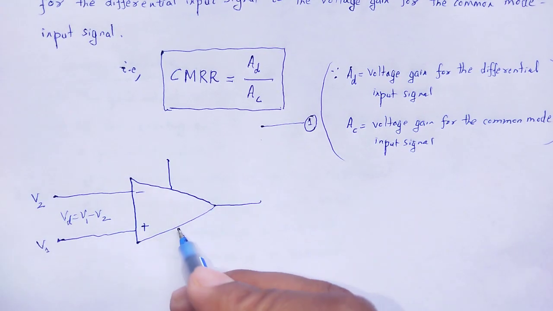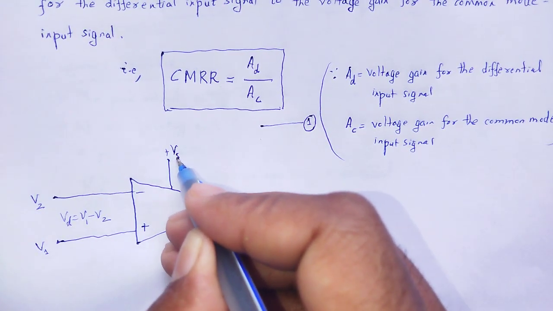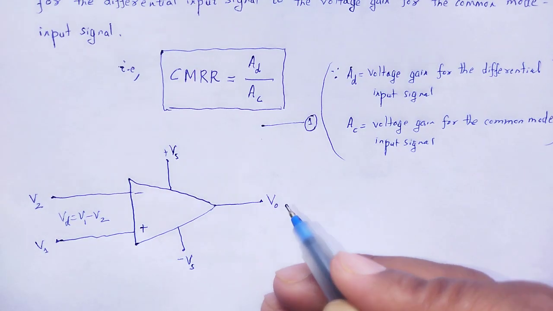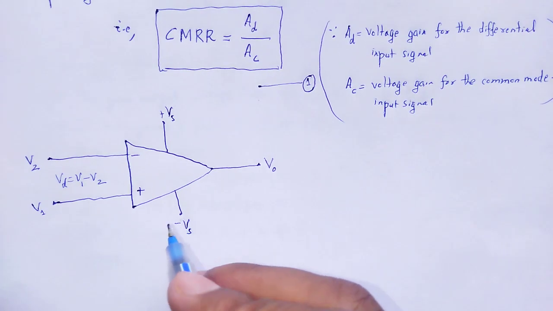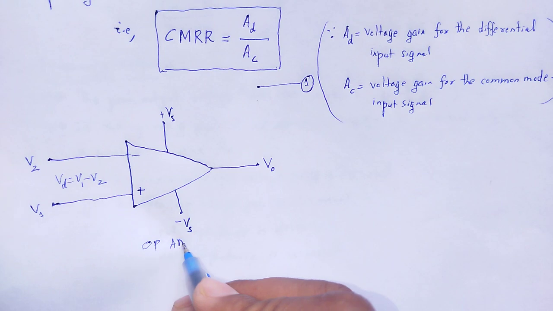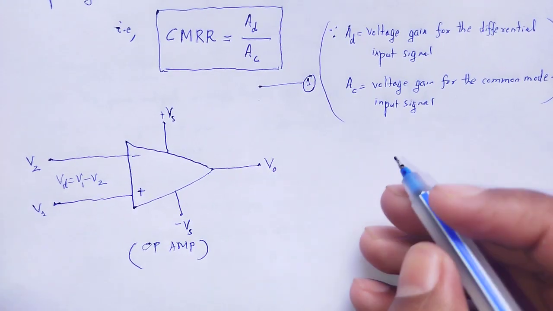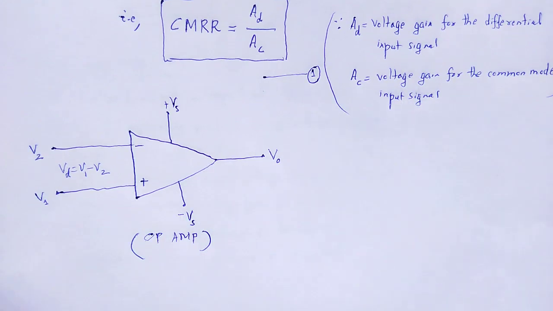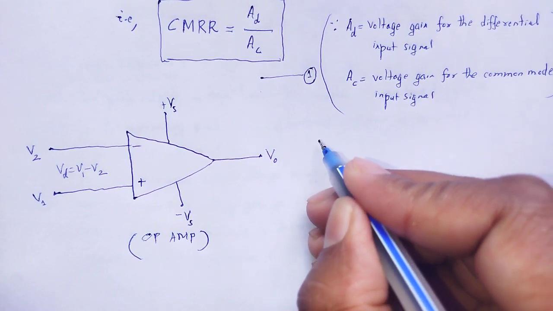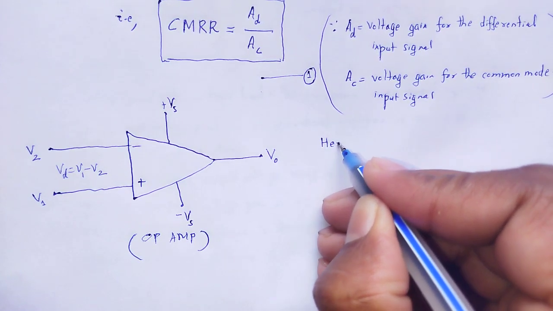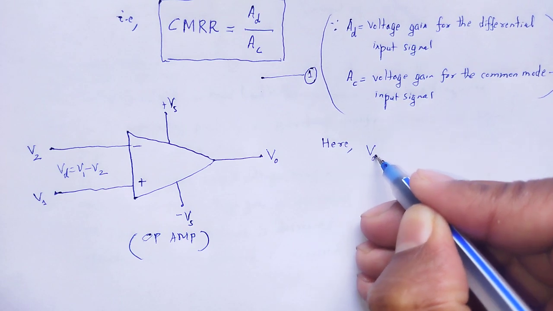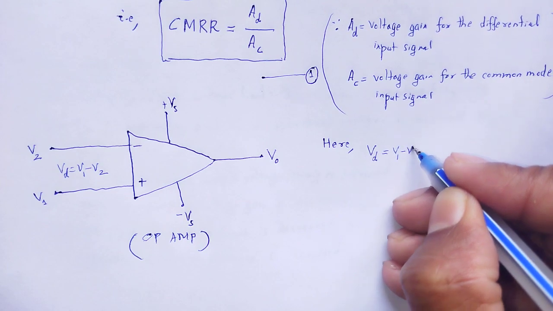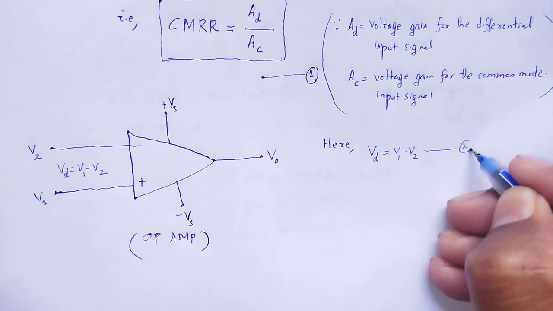This is the power supply plus Vs, minus Vs, and the output is V output. Here Vd is the difference input signal, which is V1 minus V2, equation number 2.